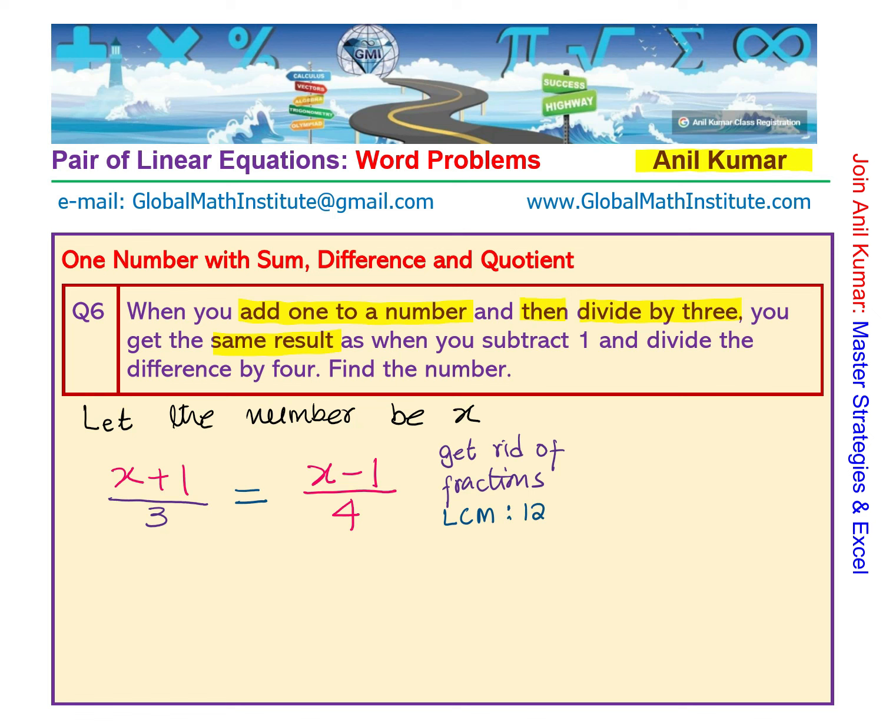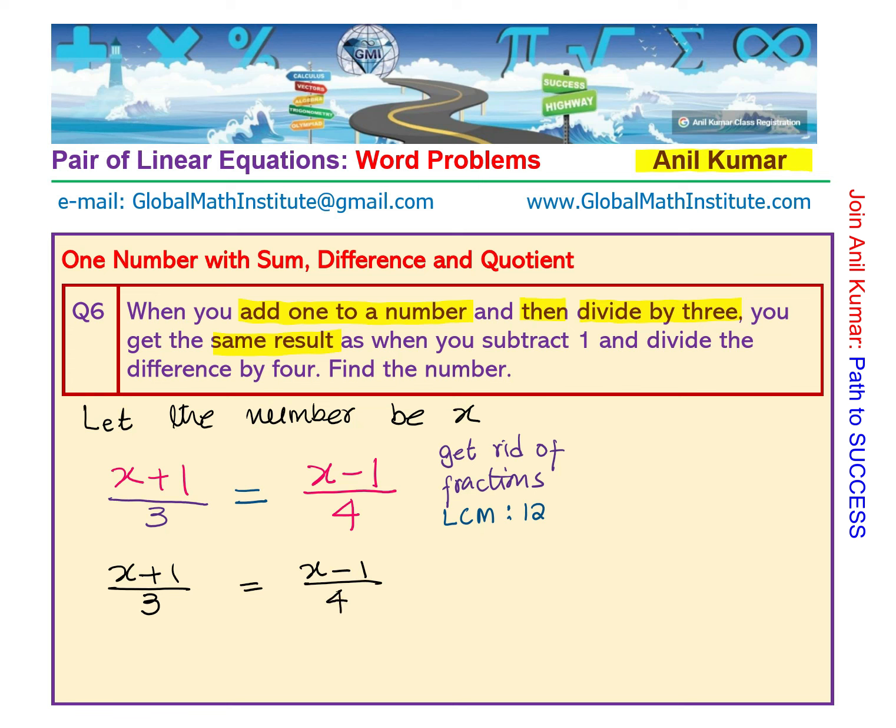We have the expression x plus 1 over 3 on the left-hand side, and we multiply it by 12, and the other expression, x minus 1 over 4, also by 12. In any equation, when we do the same operation on both sides, it is still the same.